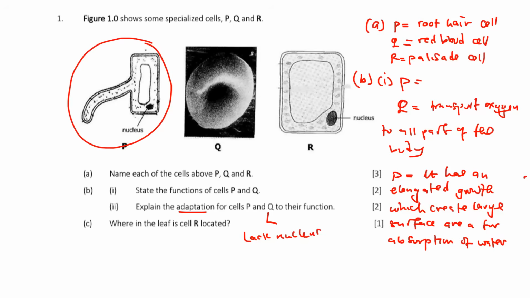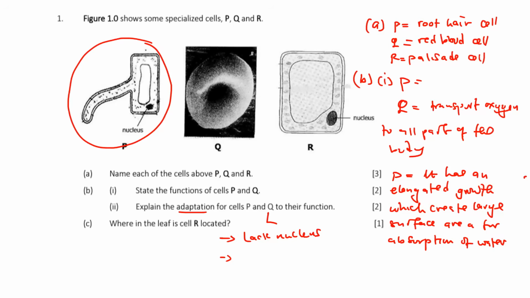Hemoglobin is a pigment to which the oxygen binds for transportation. It has a biconcave shape. Aside from that, what else can we talk of? Be able to suggest another adaptation that you remember on this part.